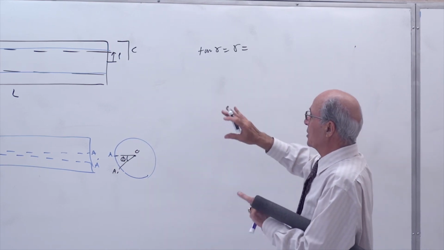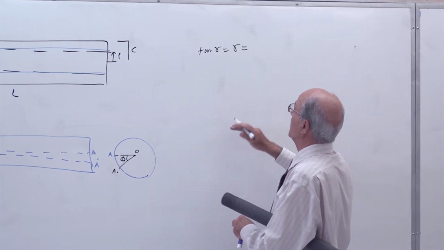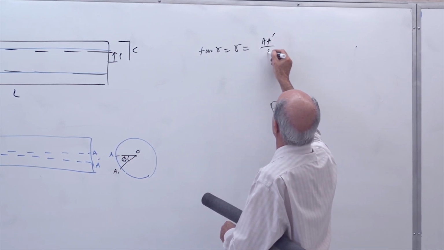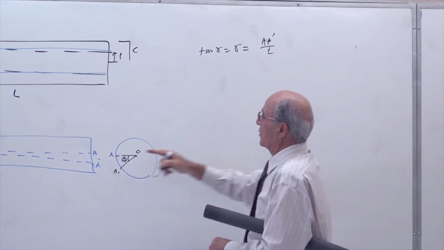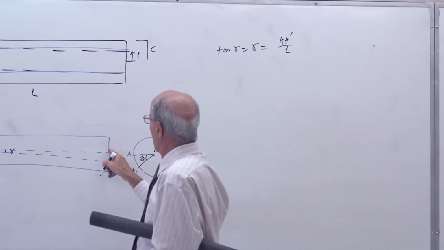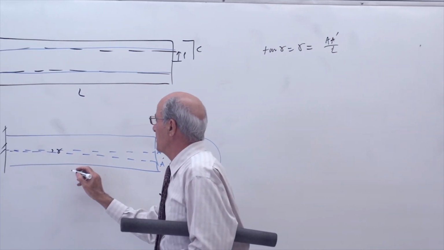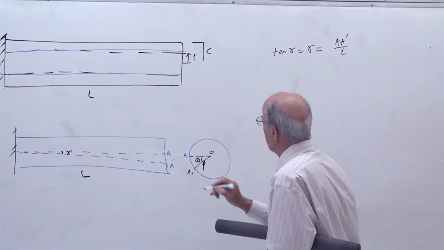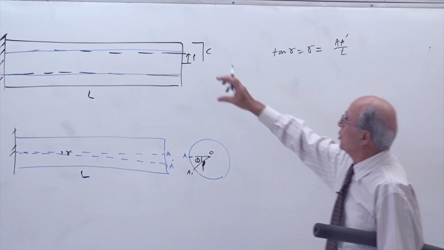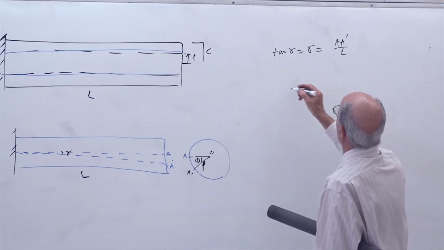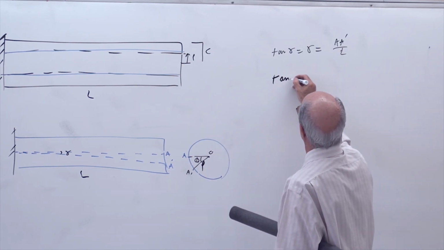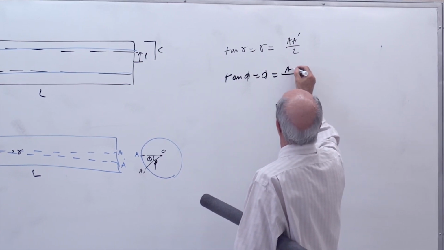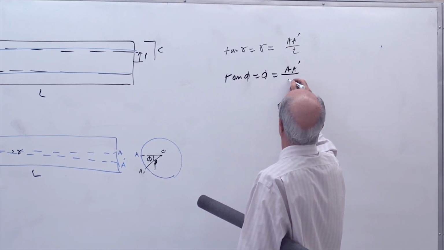So gamma becomes equal to AA prime divided by L, the length of the shaft. In this one, the radius is rho because we are in the core. So tangent of phi equals phi equals AA prime over rho.